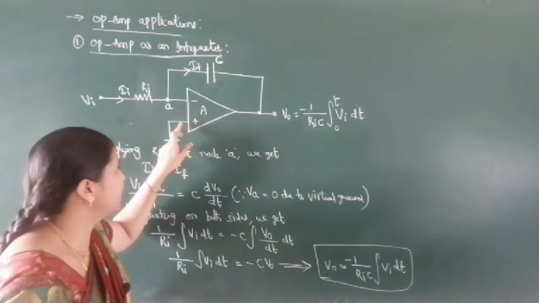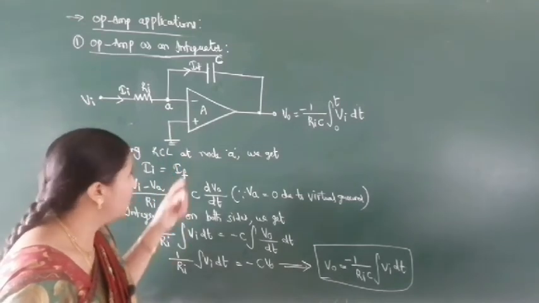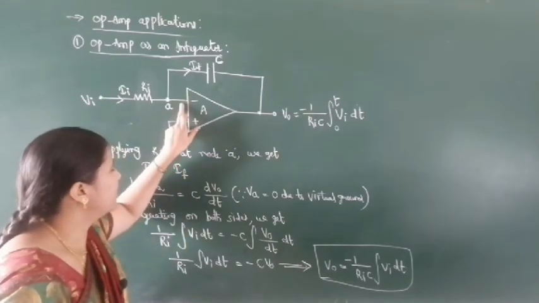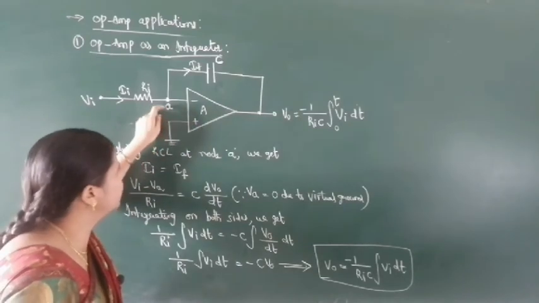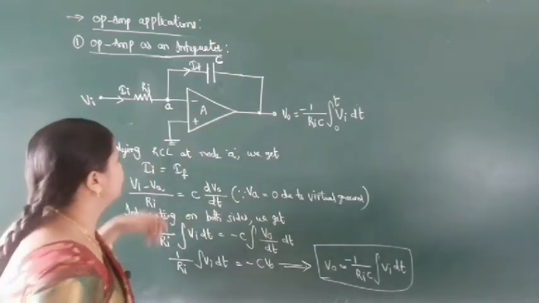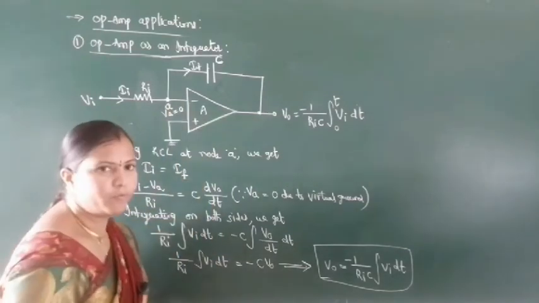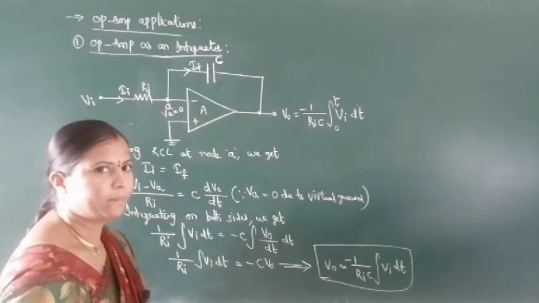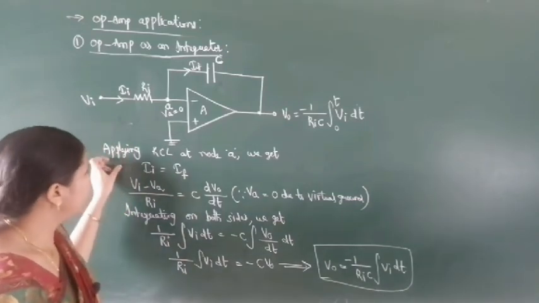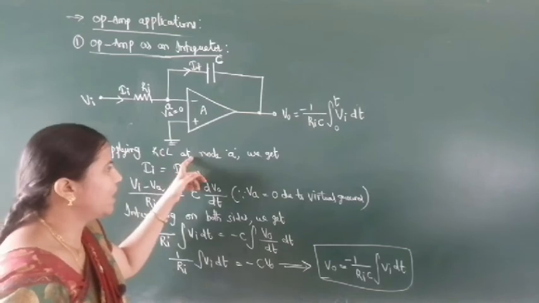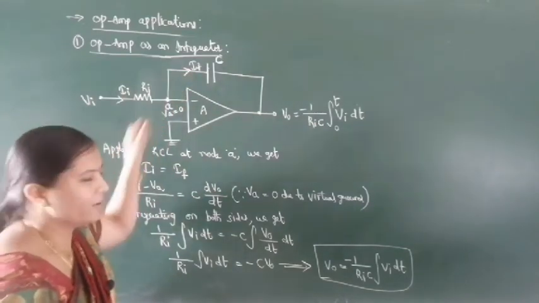When we connect the non-inverting terminal to the ground, and the other terminal is the inverting terminal at junction A, the voltage at junction A becomes 0, VA equal to 0. Okay? So coming to the circuit operation, if we apply Kirchhoff's current law at node A, the current II equal to IF.